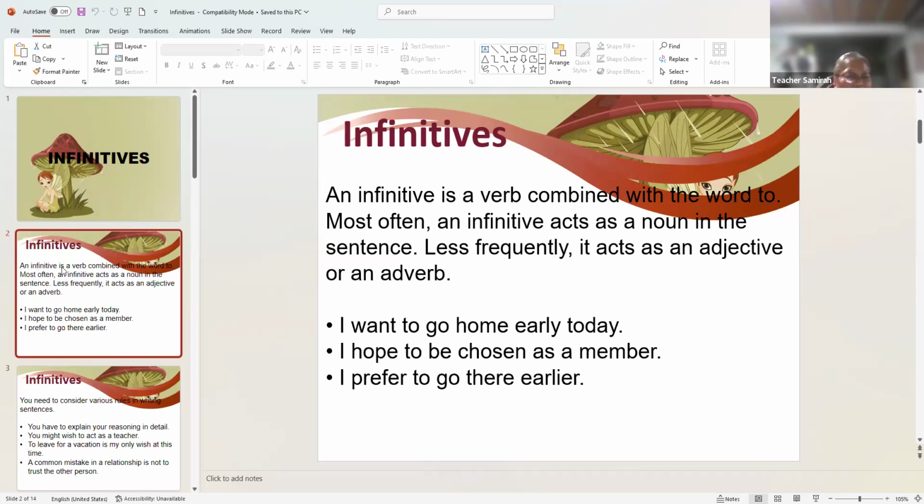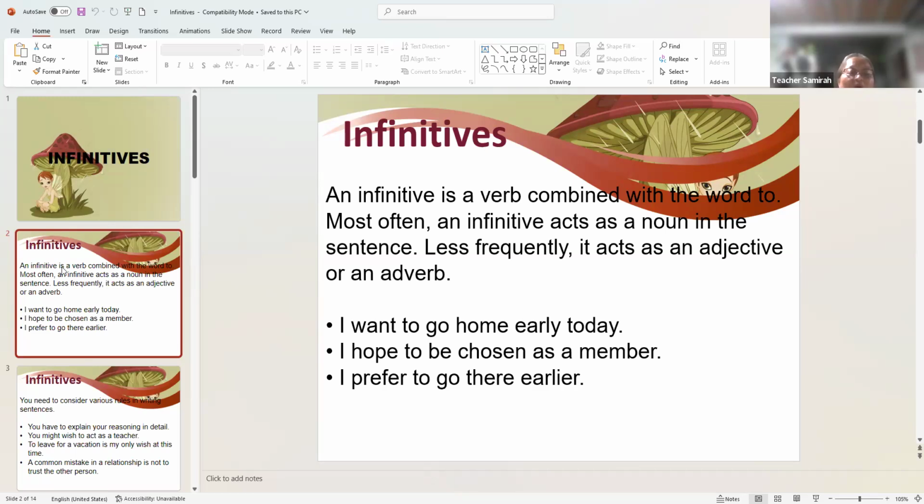Less frequently, it acts as an adjective or an adverb. An adjective is used to describe things. And then adverb.